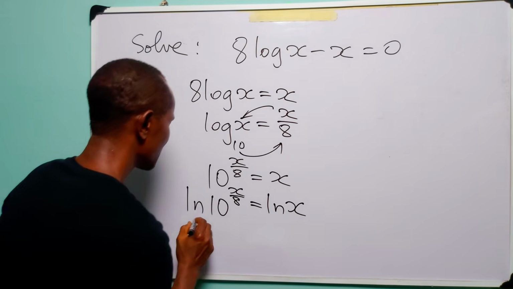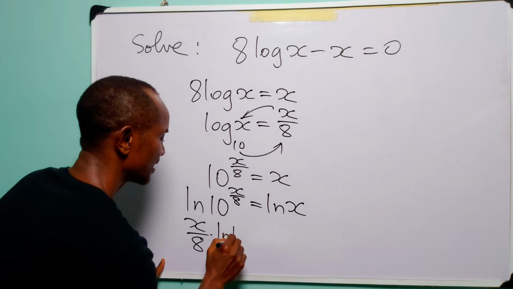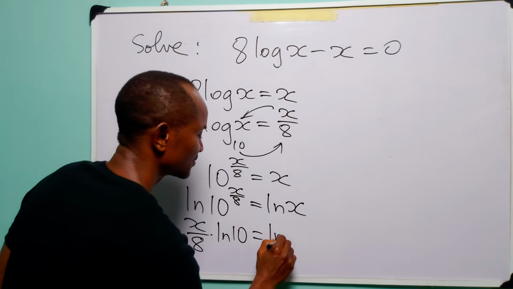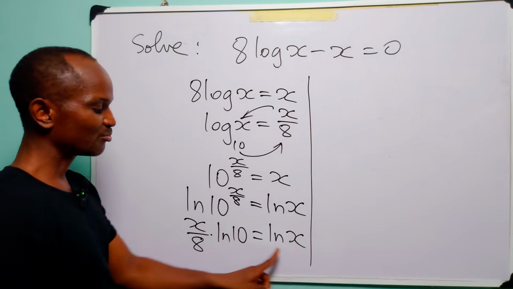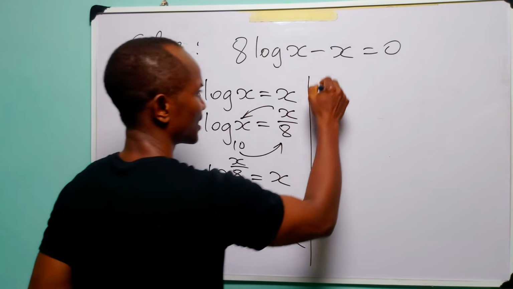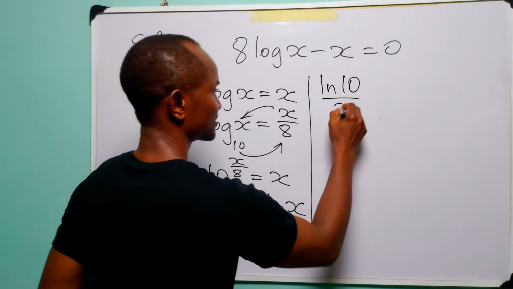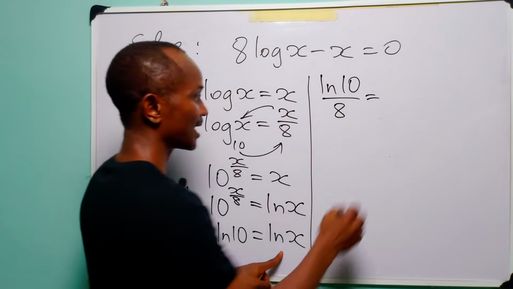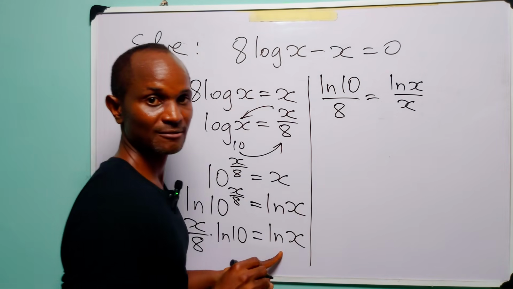And when we do that, what we have is x over 8 times ln 10 is equal to ln x. Next, we divide both sides of this equation by x. When we do that, we have that ln 10 divided by 8 is equal to ln x divided by x.